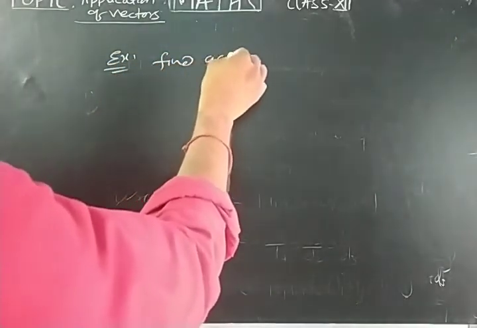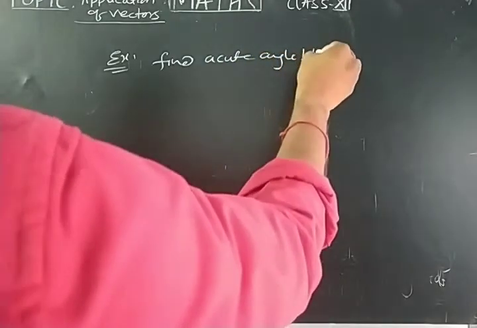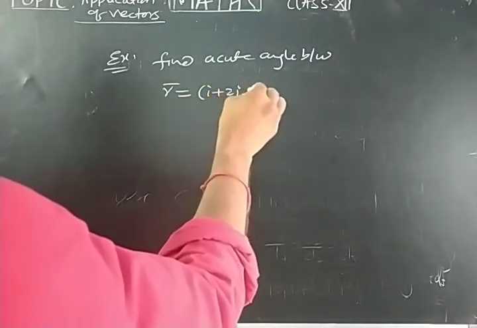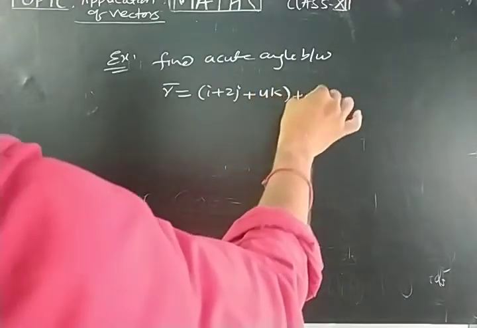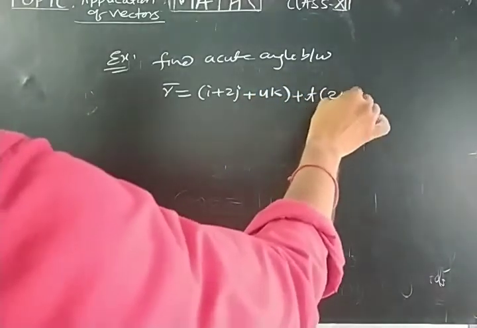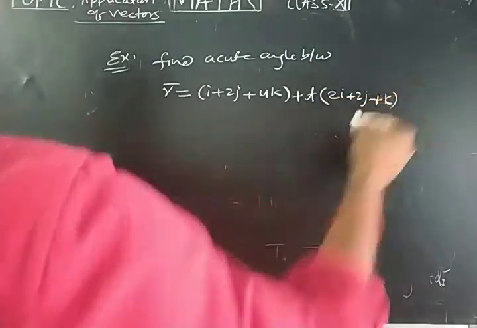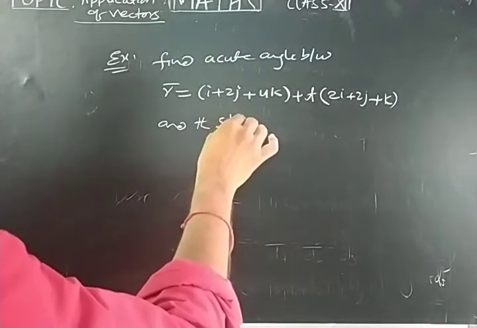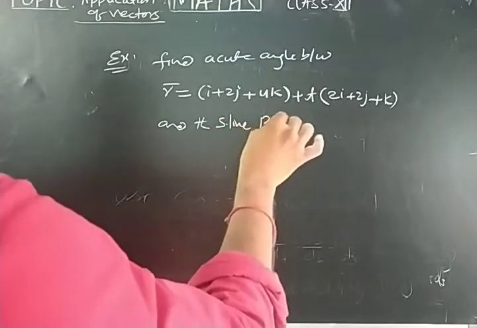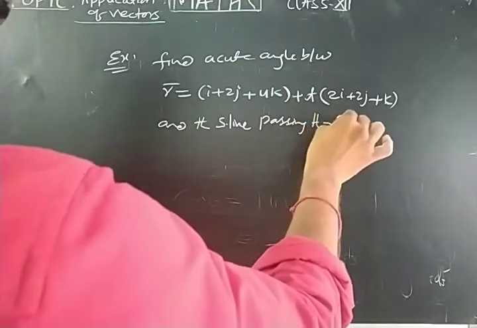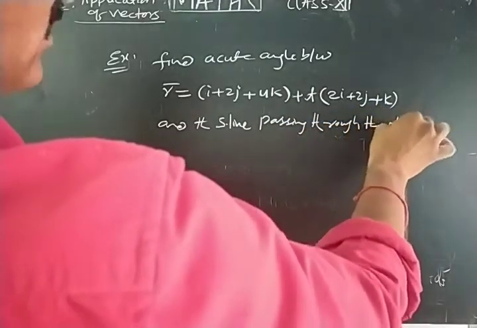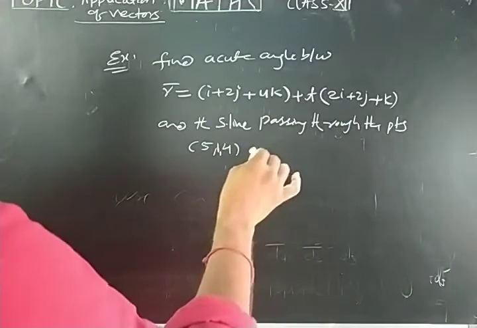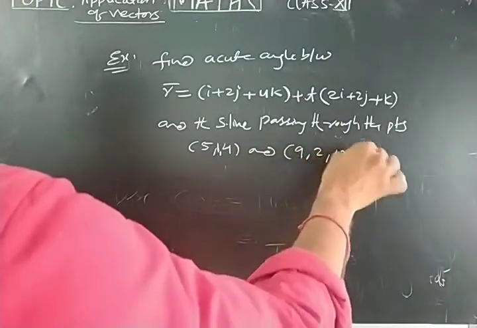Find the acute angle between r bar equal to i plus 2j plus 4k plus t into (2i plus 2j plus k) and the straight line passing through the points (5, 1, 4) and (9, 2, 12).